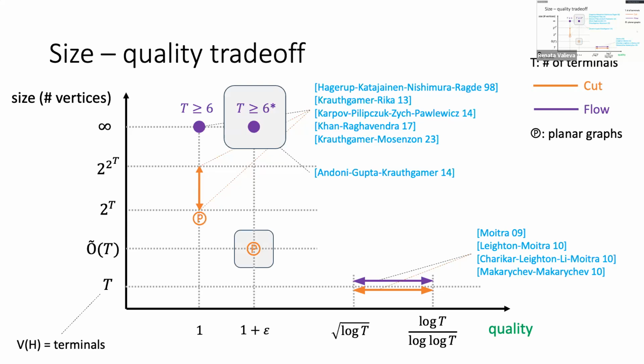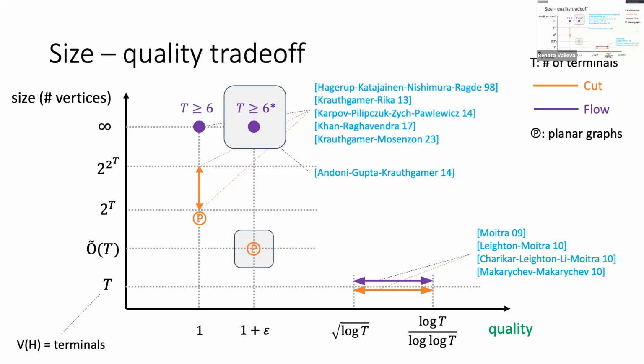Tensor graph is one of the most important special families of graphs. For tensor graphs, the previous work showed that for exact cut sparsifier, the upper and lower bounds are both close. For the general case, it is not known, but what we can show is this intersection condition.